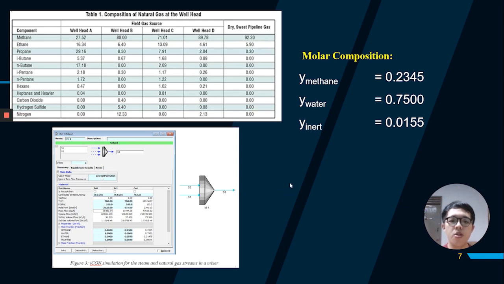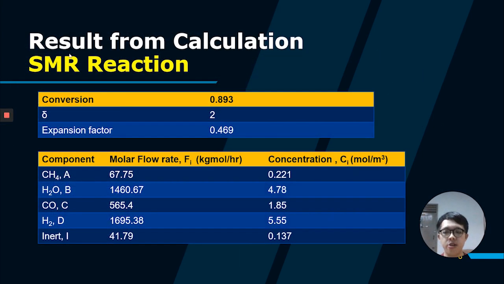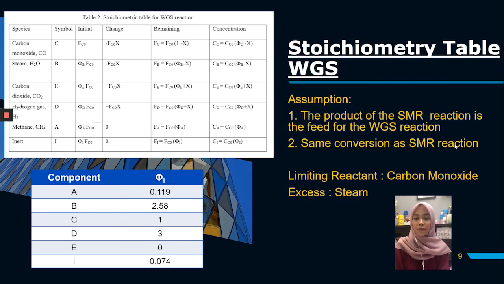The molar composition is found to be methane equal to 0.2345, water equal to 0.75, and inert equal to 0.0155. For the SMR reaction, we calculate that the conversion is equal to 0.893, delta is equal to 2, and expansion factor equal to 0.469. Table 2 is the stoichiometry table for the water-gas shift reaction.